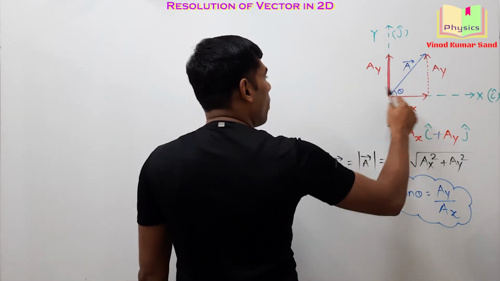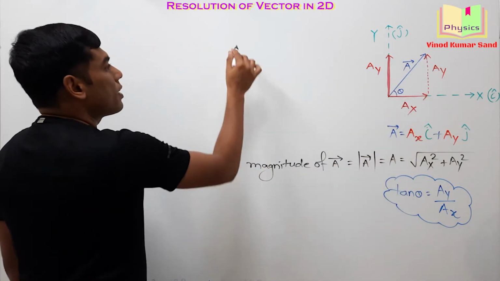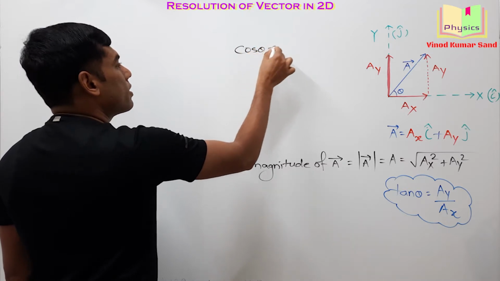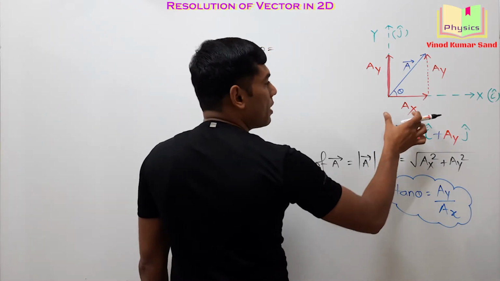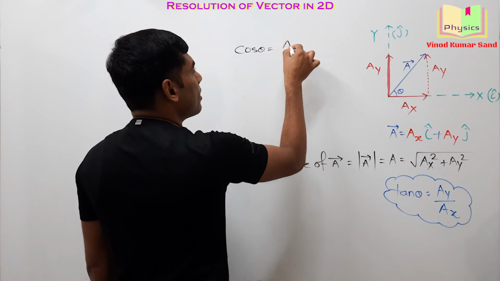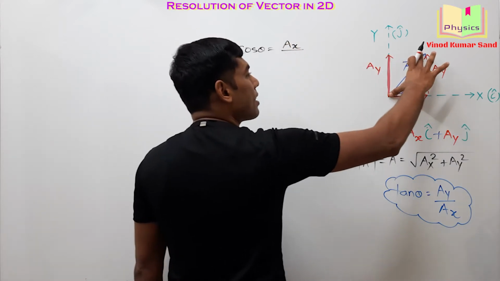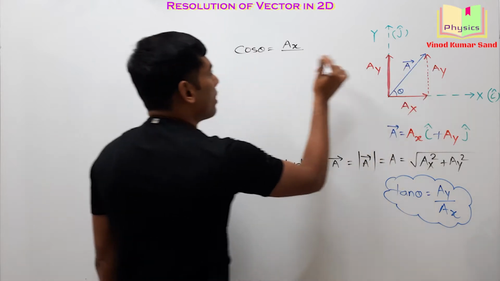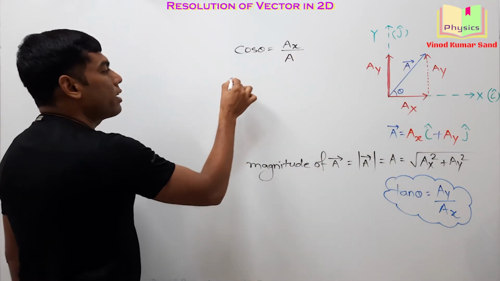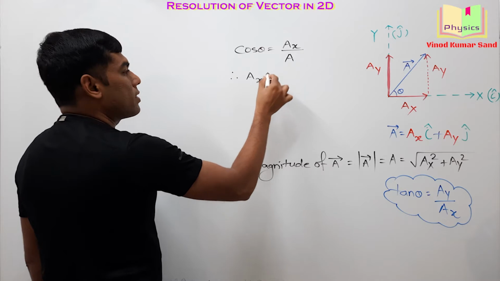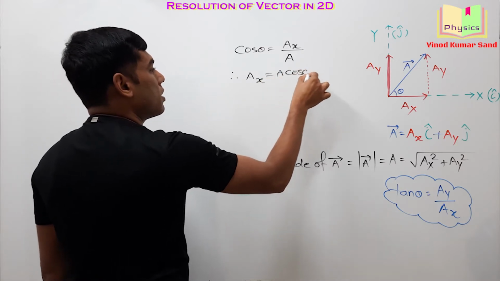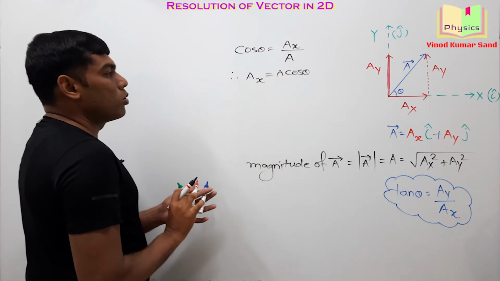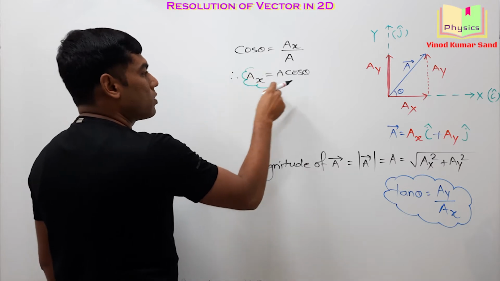One more important thing. If you take cos theta in this triangle, then how will you write that? Cos theta means this length divided by this length, and the length of this vector we indicate as A. So it gives you AX equal to A cos theta. This is also useful in various calculations.